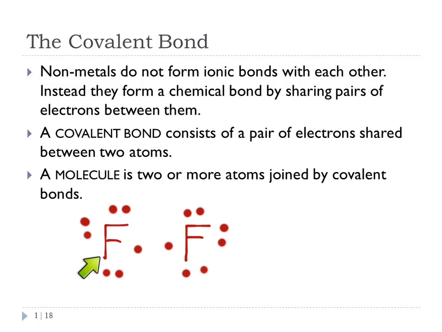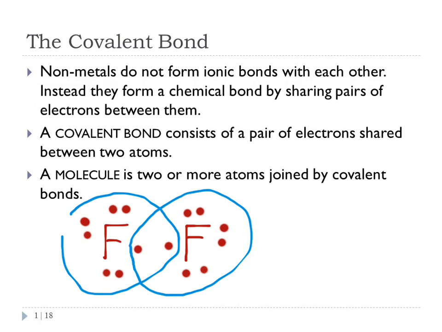So this fluorine wants 8 electrons, this fluorine wants 8 electrons. And if this fluorine atom is willing to share its electron with that one, then that guy has 8 valence electrons. And this guy has 8 valence electrons. Because those shared electrons count for both.